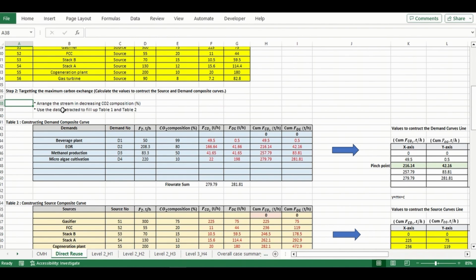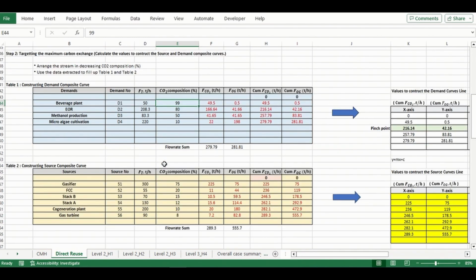What do we mean by arranging the streams in decreasing CO2 composition? It is basically arranging the data from highest to lowest CO2 composition. For instance, in this case, we arranged the demands from CO2 composition of 99% to 80% to 50% to 10%, and the sources from 75% to 20% to 15% to 12% to 10% to 8%.